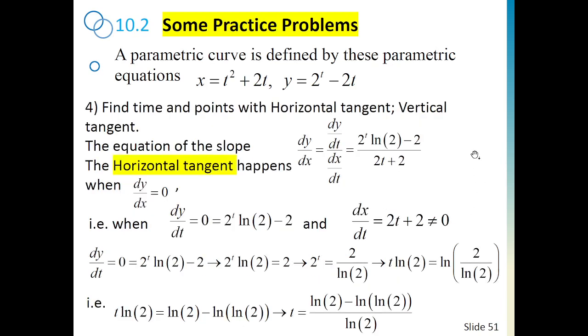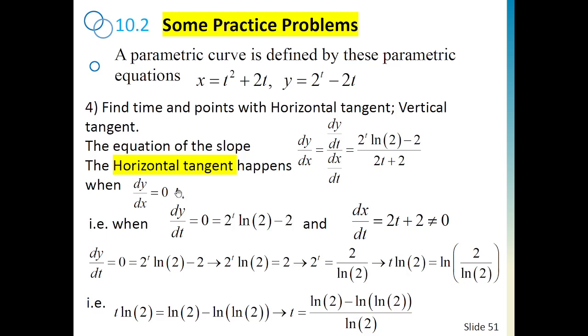So now things might be a little bit more challenging. We need to find the time and the points where we have horizontal tangent and vertical tangent. Again, we use the equation of the slope, and we know that the horizontal tangent happens when dy/dt is 0 but dx/dt is not.